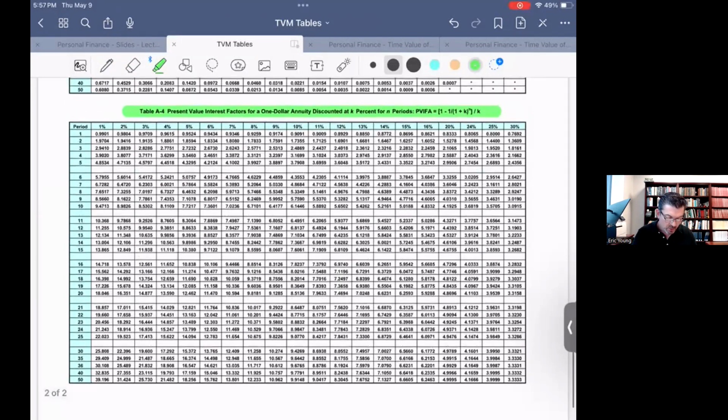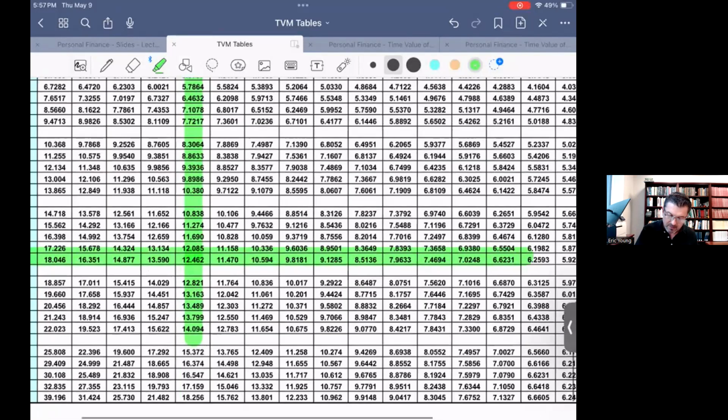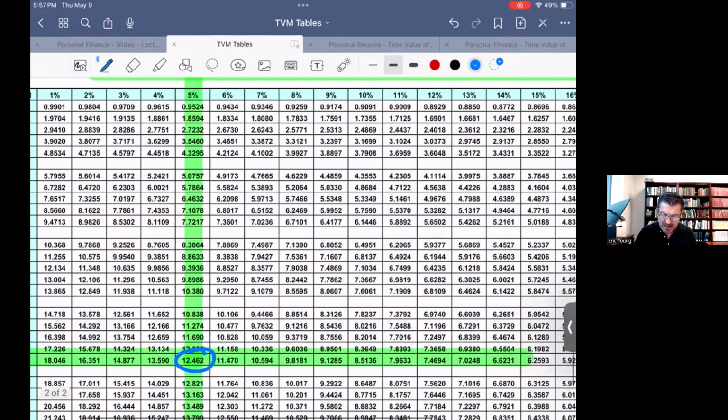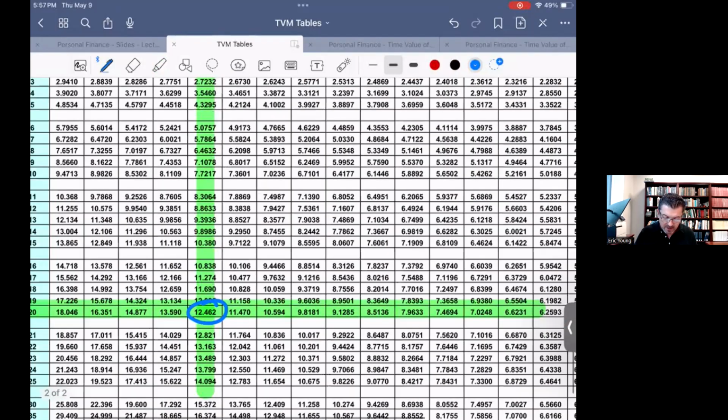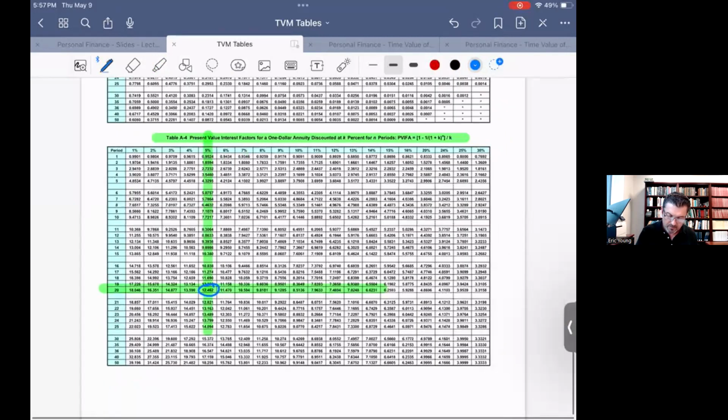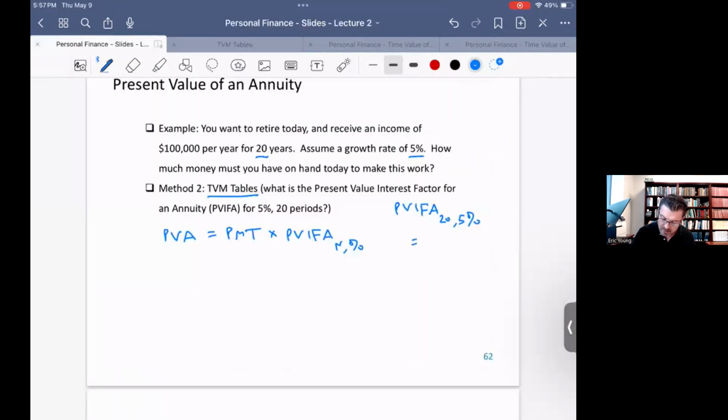We said we were going to do 20 years, so we go to 20. And 5%, so we go to 5. And look right there, that magic intersection point, that unique number that corresponds to an N of 20 and an I of 5 is 12.462. Let's take that back here. 12.462.